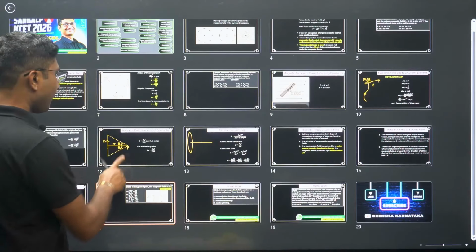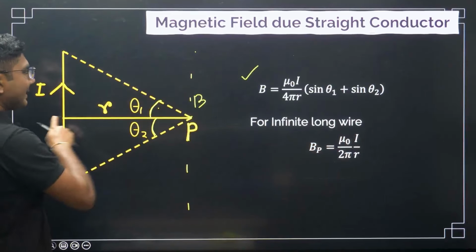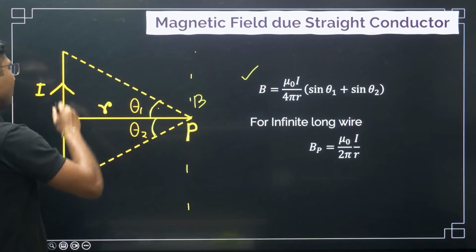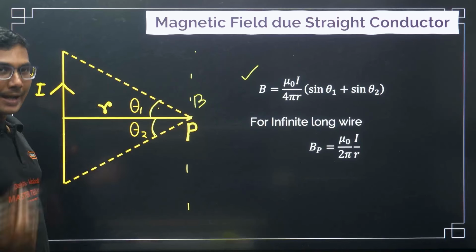It was mu naught I by 2 pi r, but that is in the perpendicular direction. And if you remember, if the point lies on this same line, the magnetic field becomes 0.